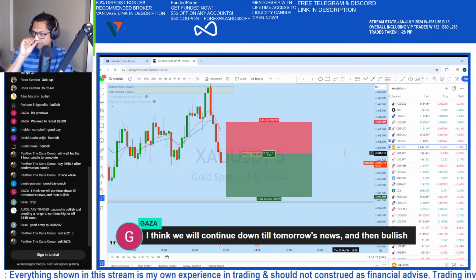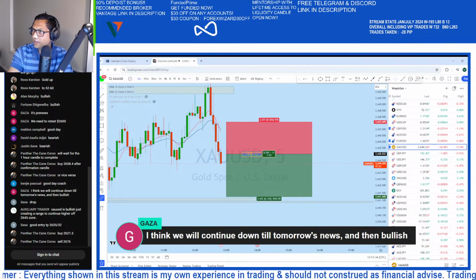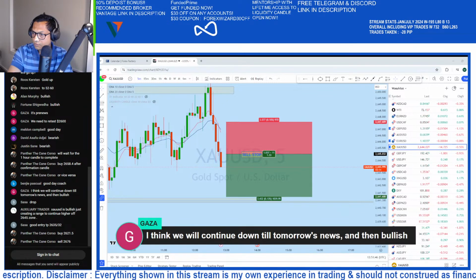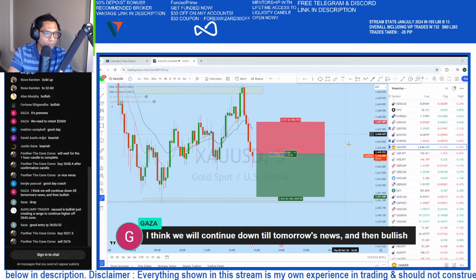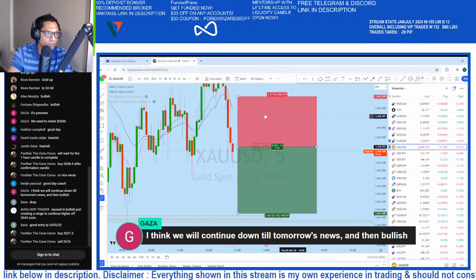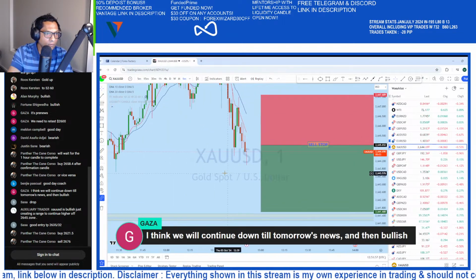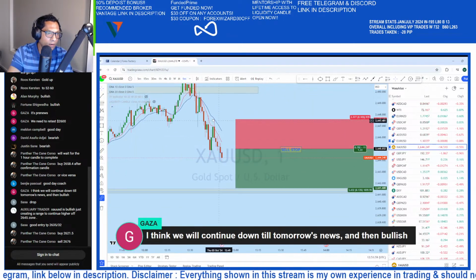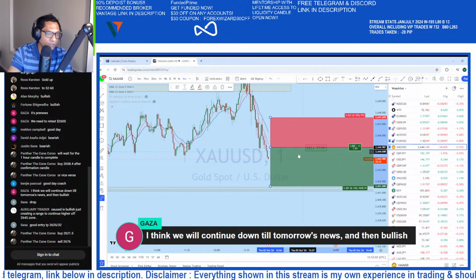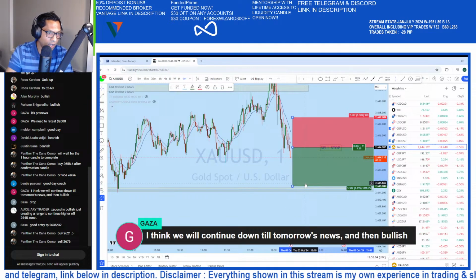Which we can see that the market basically keeps pushing down. Now at the moment, downside on price action, expecting it to drop to the support.